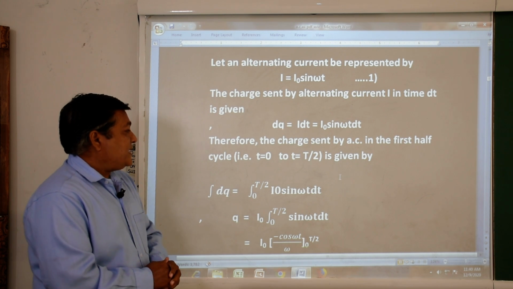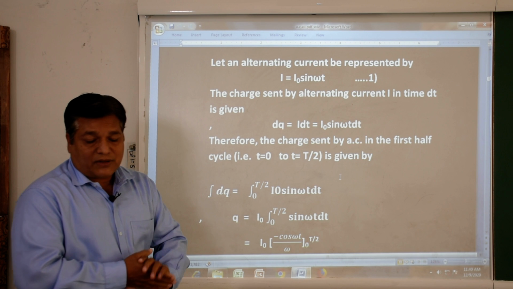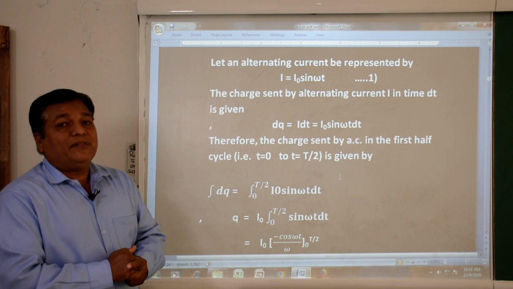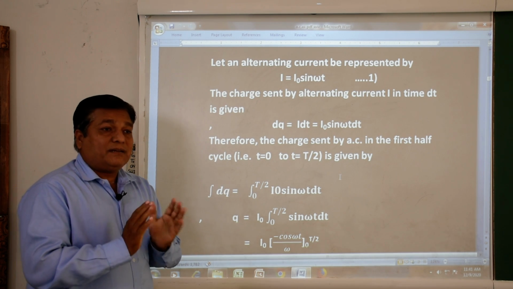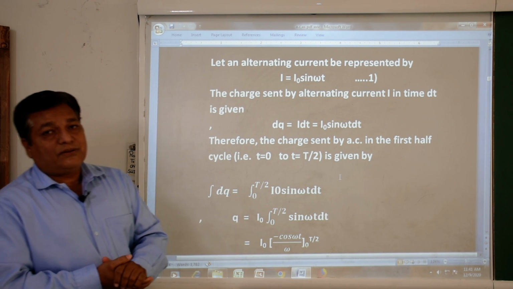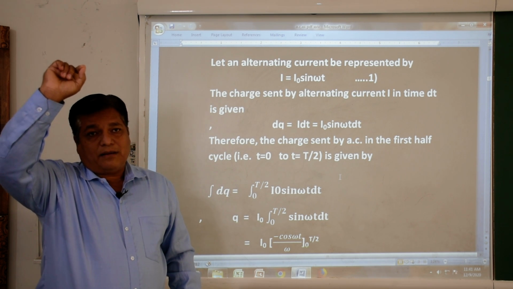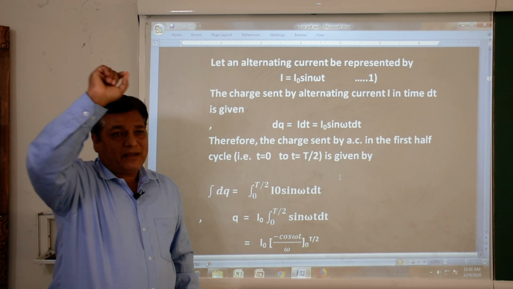How much time does it take to complete the first half cycle of alternating current? At the initial stage, it begins with 0, time t is equal to 0. It reaches the peak value at t by 4, that is, pi by 2 angle.